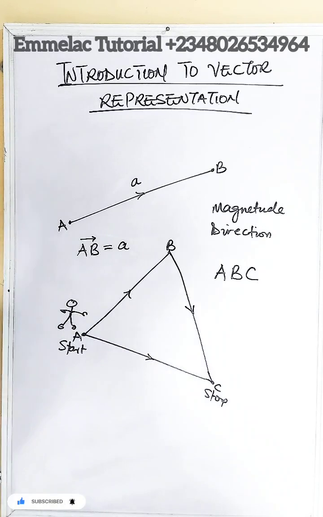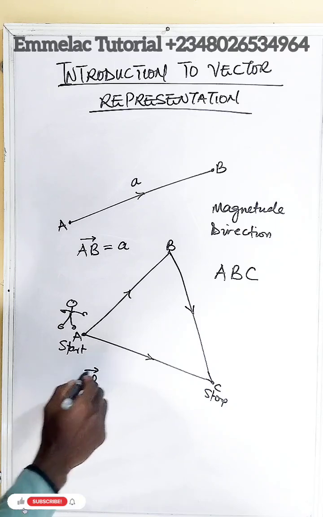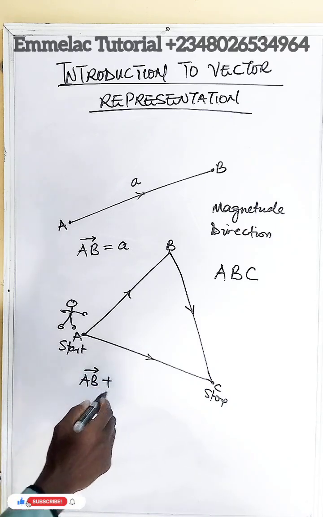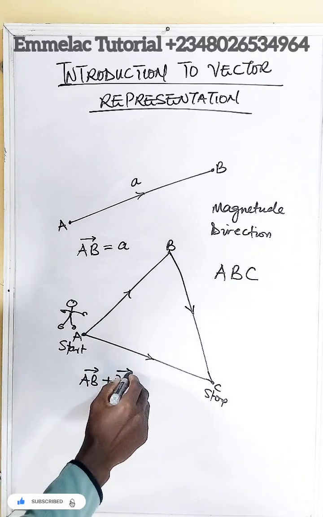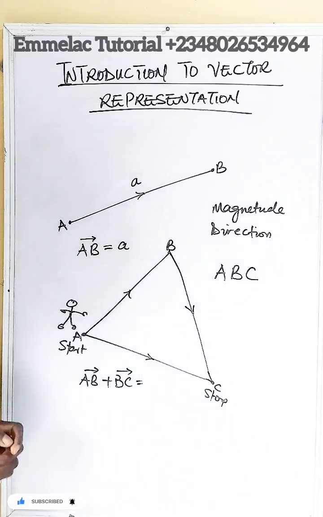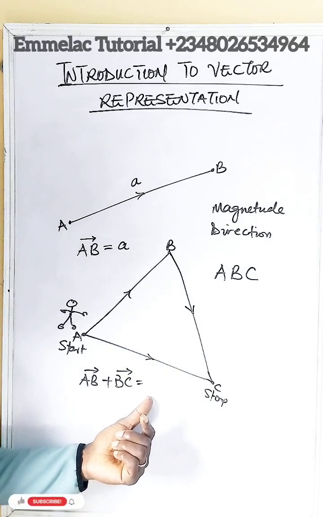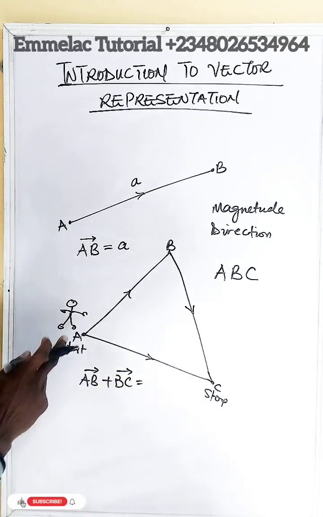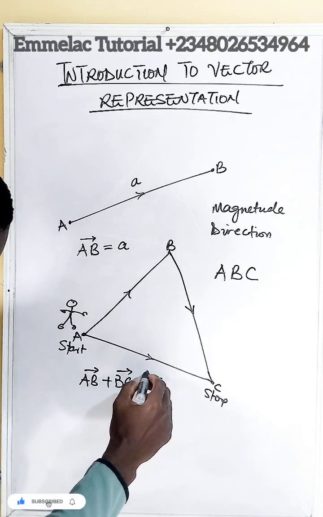A to B, plus B to C, can be represented by its resultant, which is A to C.